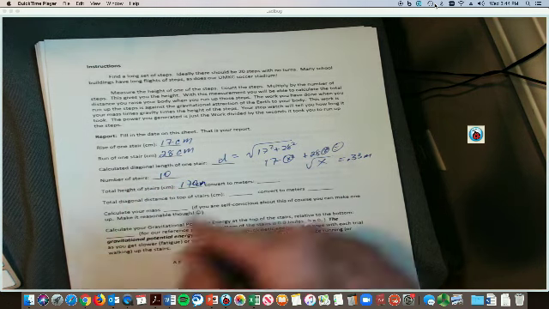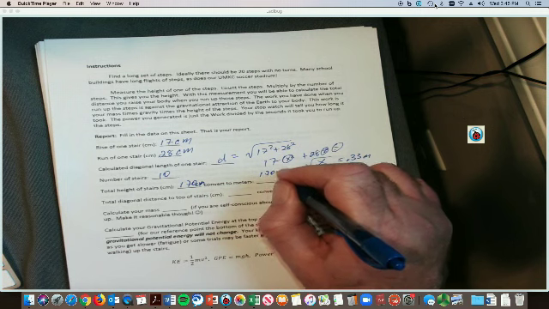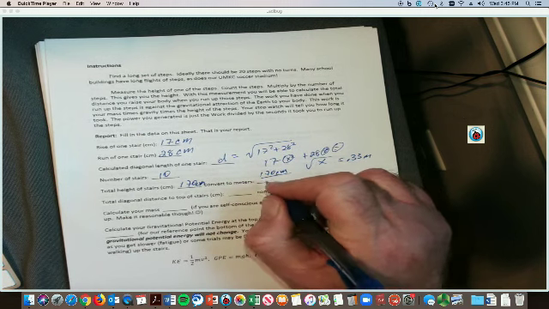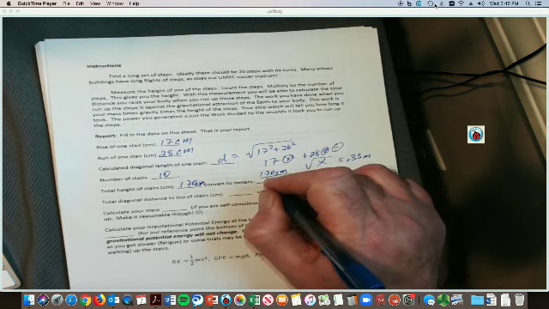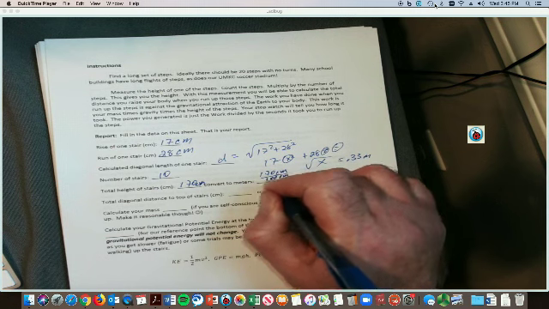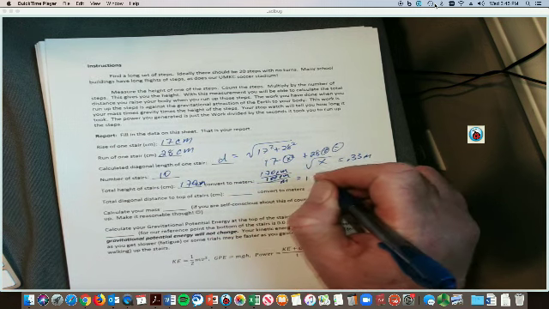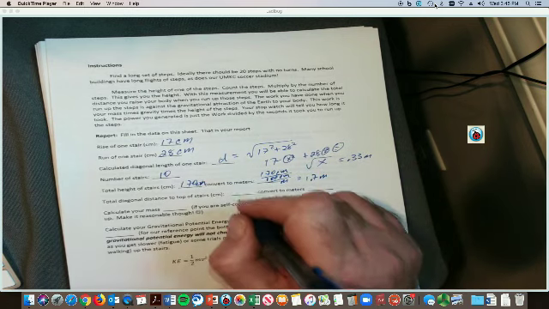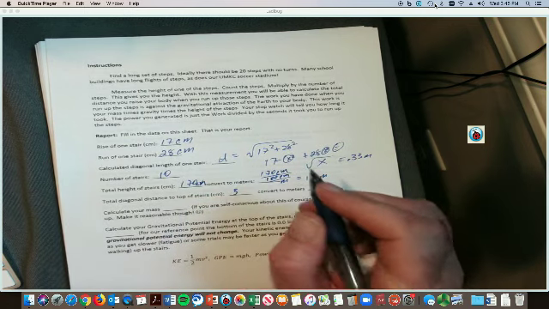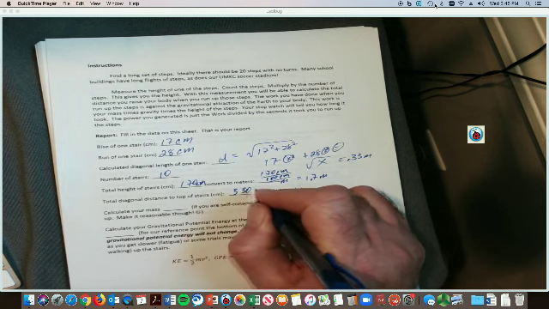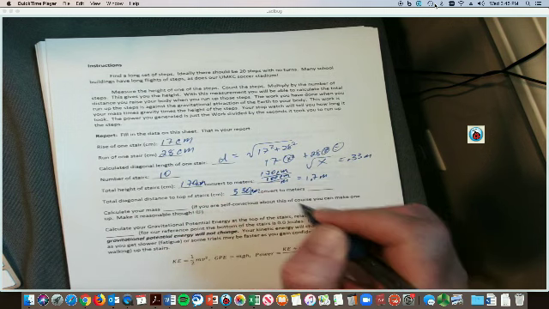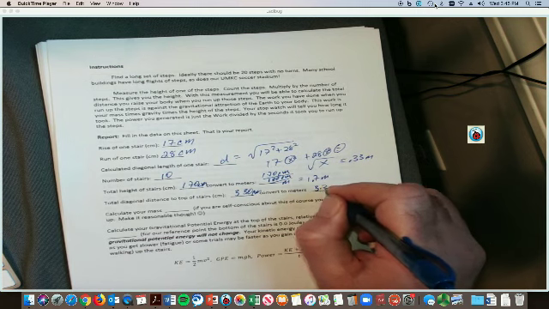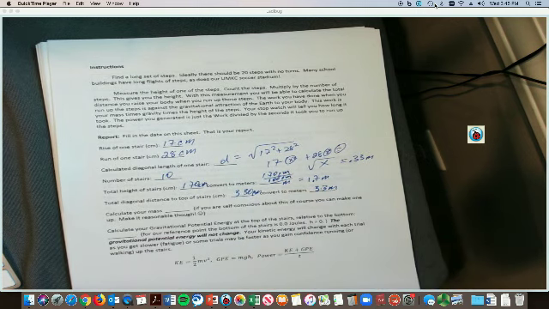Convert that to meters: 170 centimeters divided by 100 centimeters per meter gives me 1.7 meters. The diagonal distance, 330 centimeters, 3.3 meters. Okay? Calculate your mass.